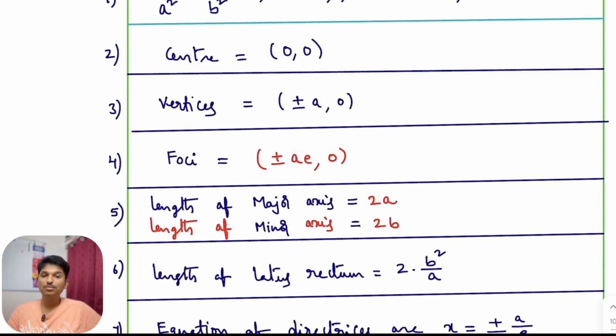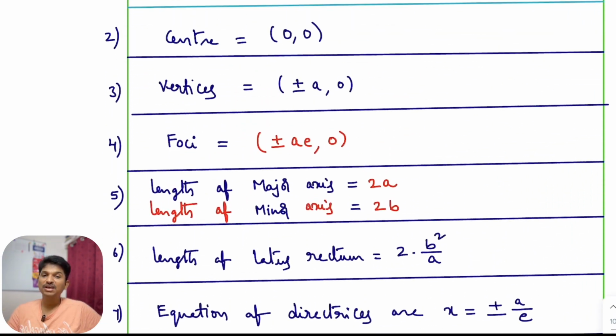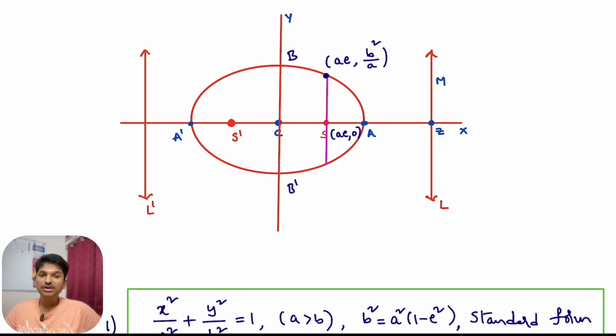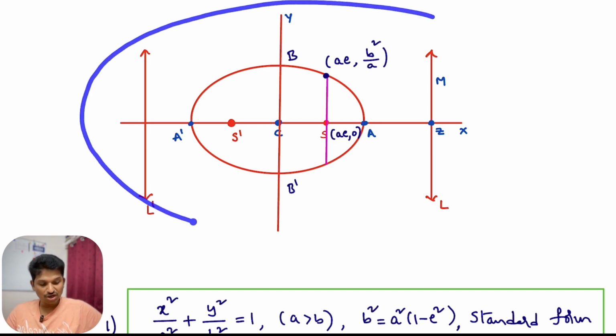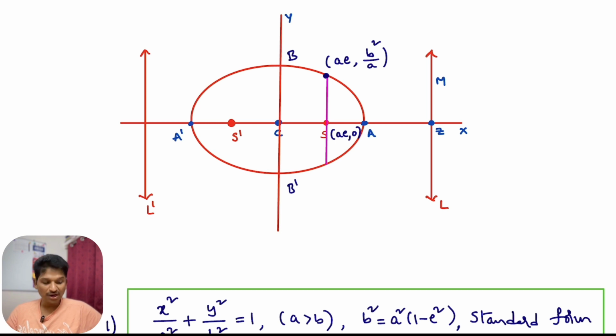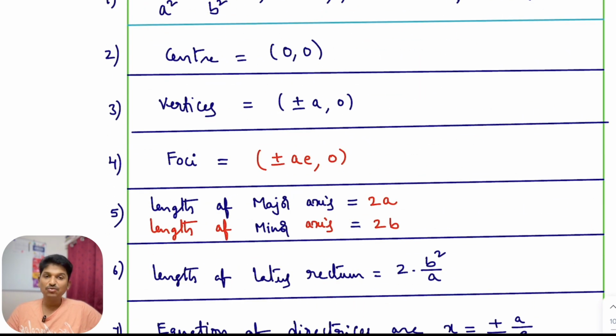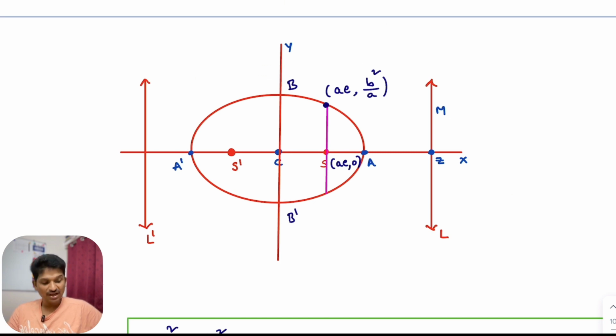So, these are the formulas of the standard form of ellipse. What I recommend is, first draw one ellipse diagram and mark the center (0, 0), focus (ae, 0), and this focus (minus ae, 0). And the length of latus rectum 2b square by a. You write like this, you practice like this. Don't memorize by heart things like plus or minus. You just draw this diagram, and this directrix is parallel to the y-axis.